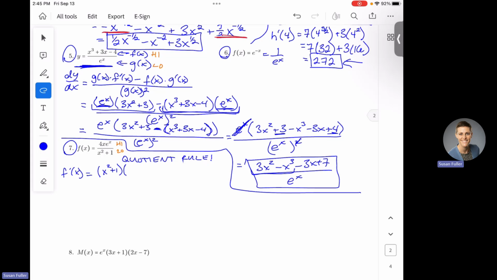Oh, geez, guys, to do the derivative of the top, we're going to have to do the derivative of something with an x times something with an x. That's going to require a product rule. So I'm going to hit the pause button here right now, and I'm going to do the derivative of this in a second when my brain can focus on that and not lose track of the quotient rule. So I'm going to pause, and I'm going to have to come back to that.